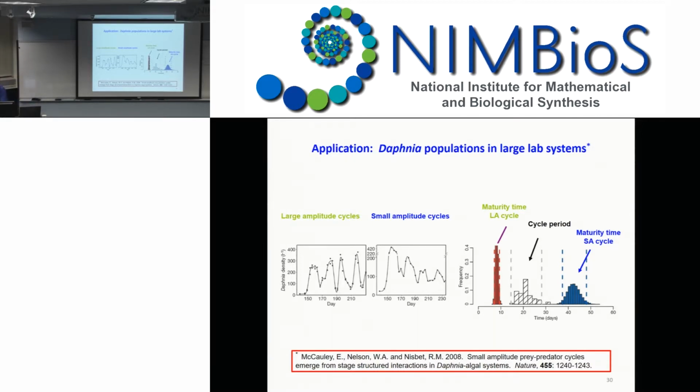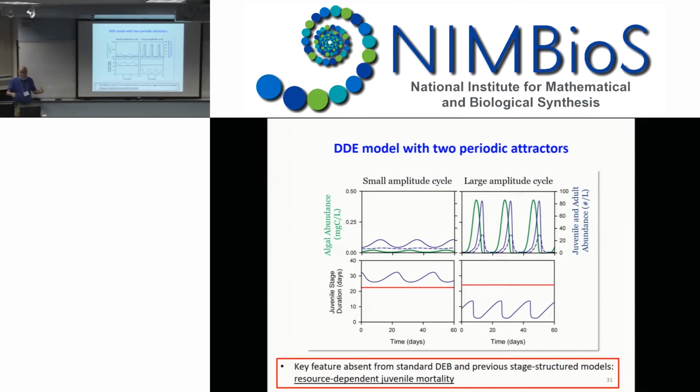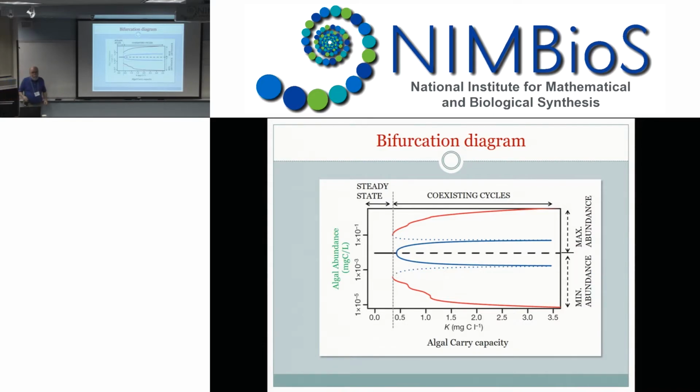We put together a delay differential equation model that involved bioenergetics, but no further DEB subtleties, and the model had the property that you could produce both types of dynamics with Daphnia-realistic parameters, and you can go all the way and do some of the math. You can produce a bifurcation diagram with a set of parameters here. The algal carrying capacity is the bifurcation parameter, and this shows you can have a stable equilibrium, an unstable equilibrium.